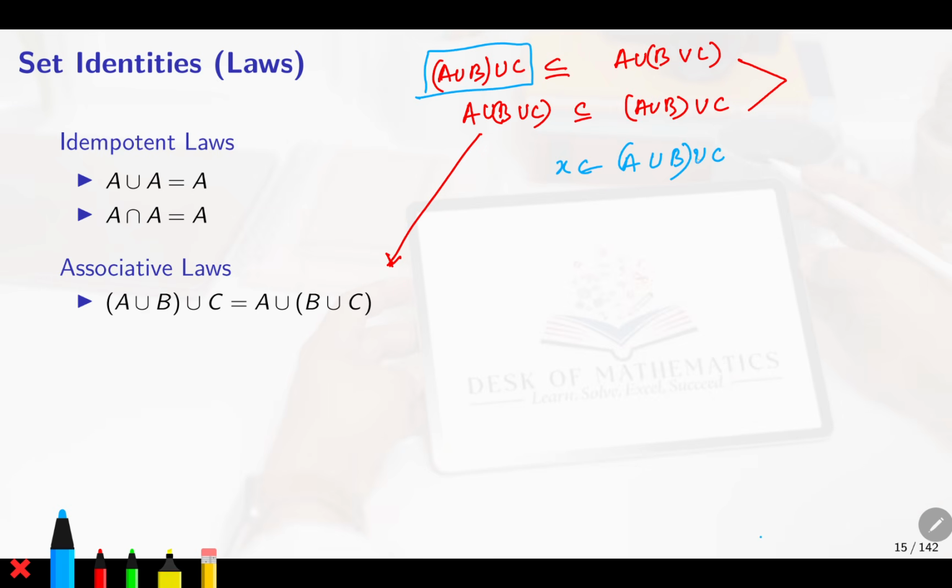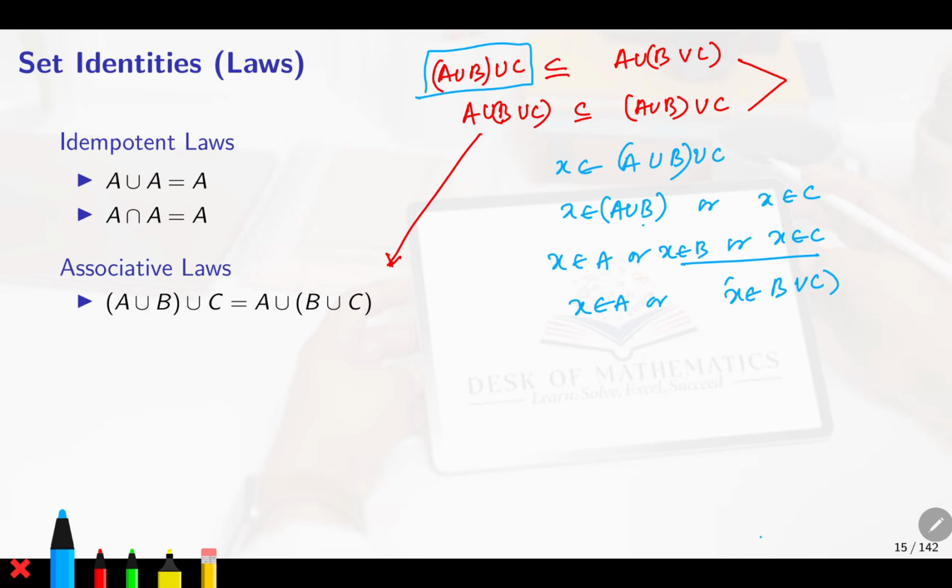It means you have the union here, so X belongs to A union B or X belongs to C. Now apply the formula here: X belongs to A or X belongs to B, or X belongs to C. Now take this one: X belongs to A or X belongs to B union C. This OR is giving you the union, so X belongs to A union (B union C). So (A union B) union C is a subset of A union (B union C).